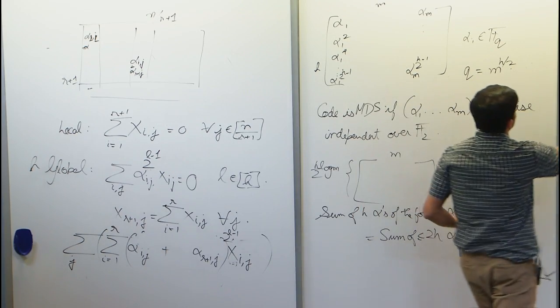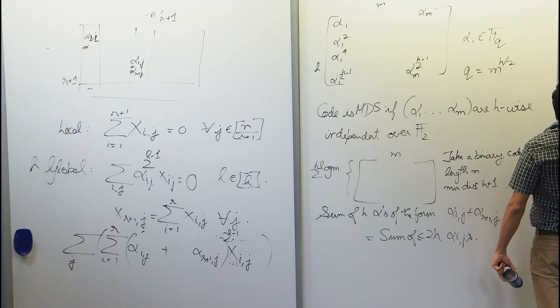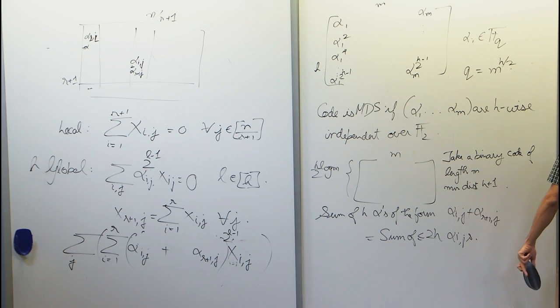And you can do this over a field size F_q, where q is equal to m to the, sorry, m is now something like k. Field size k to the h. Maybe I did that a bit briskly, so let me just say it again. If you just wanted the MDS property, it's sufficient that you have h-wise independence.